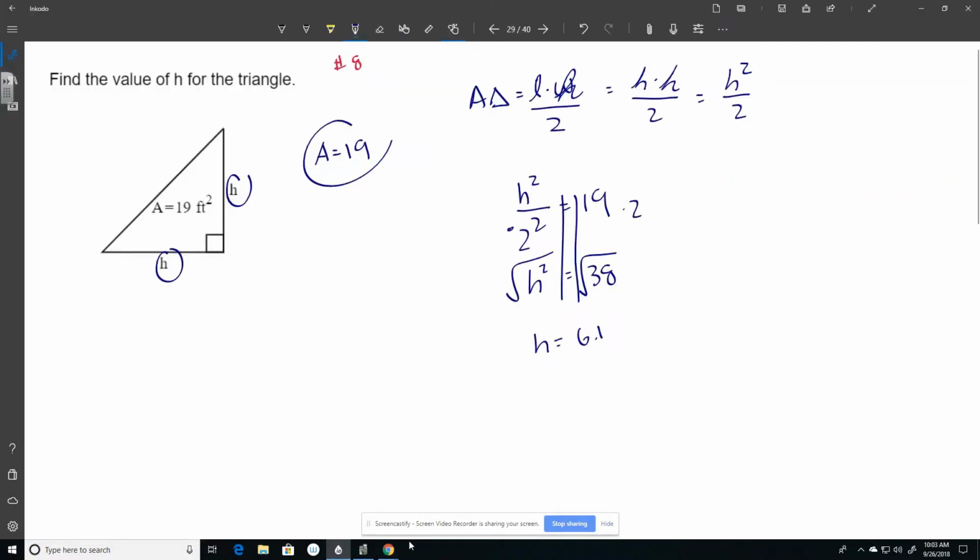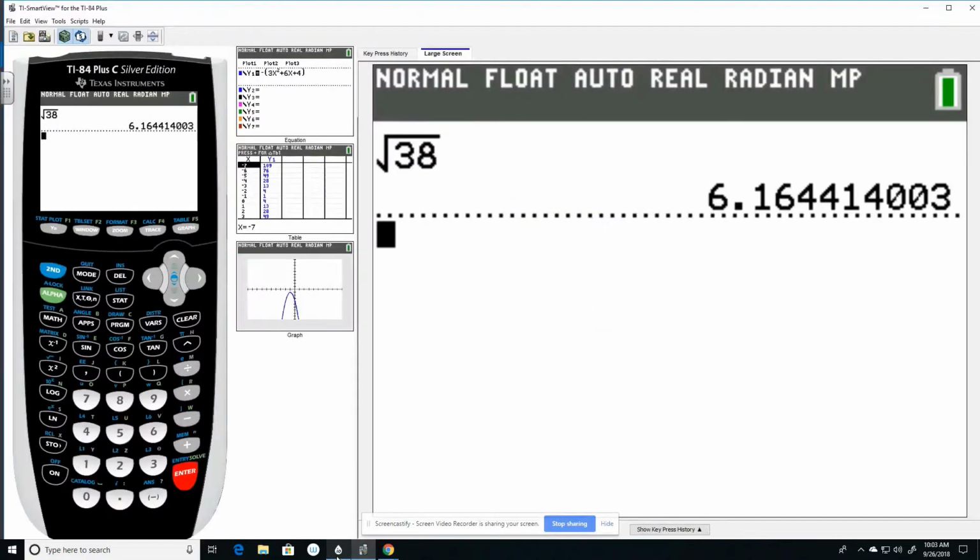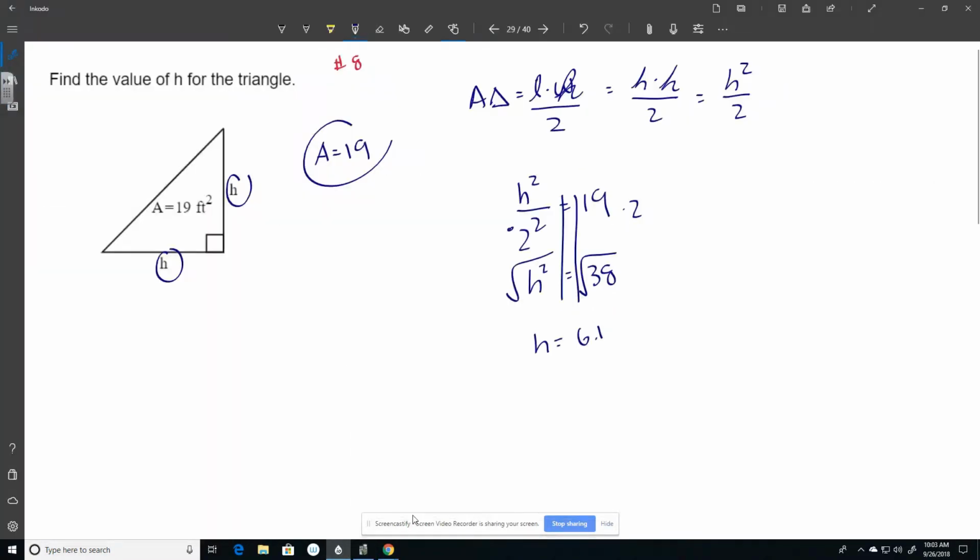So getting back to the problem here, h equals 6.16441, blah, blah, blah. It's probably going to tell you something like round to the tenth on this problem. So h would equal not just positive 6.16441, but I'd round that to 6.2, but also negative 6.2.